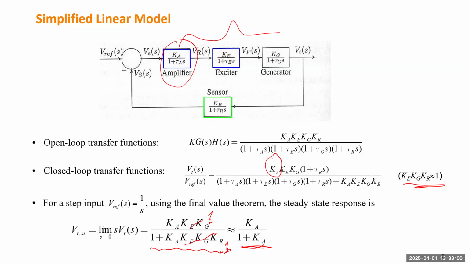From this answer, you know it will never be 1. The steady state voltage after the change will never go back to the nominal voltage, unless Ka is infinite. Then this can hold to 1, but it's not practical, because that can make the control system unstable.